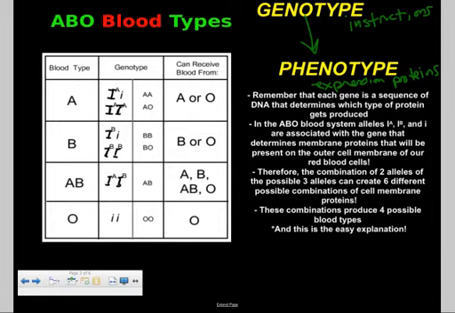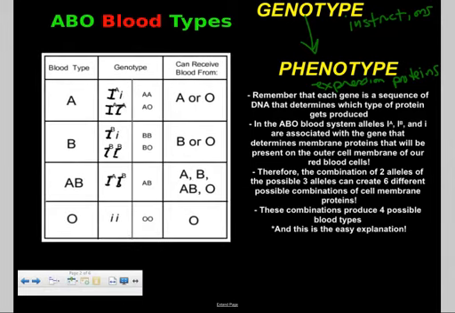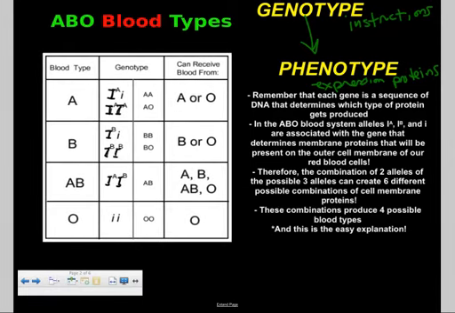Okay? For the ABO blood system, we have 3 different alleles that we can talk about. And the alleles are IA, IB, and lowercase i. And I always say that the gene here is associated with membrane proteins.